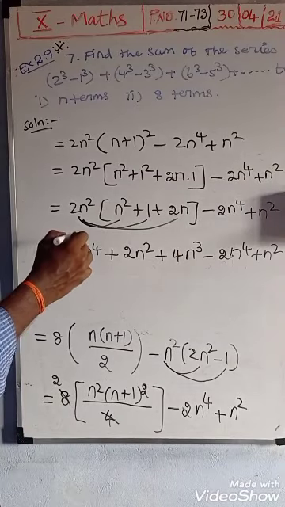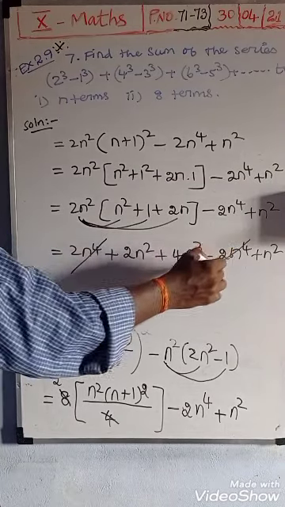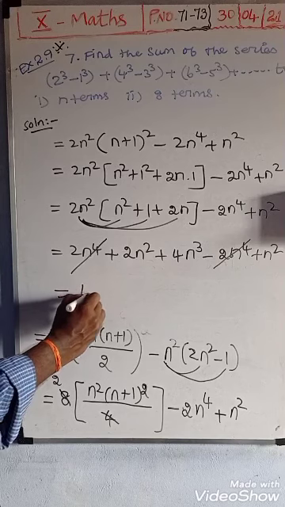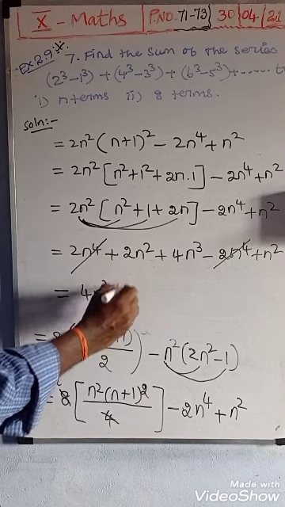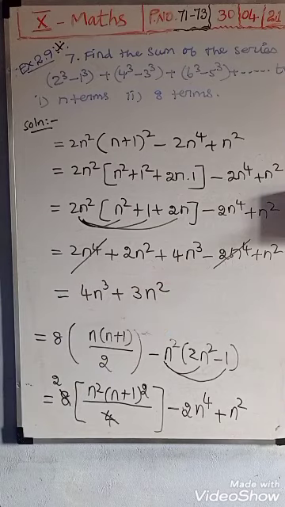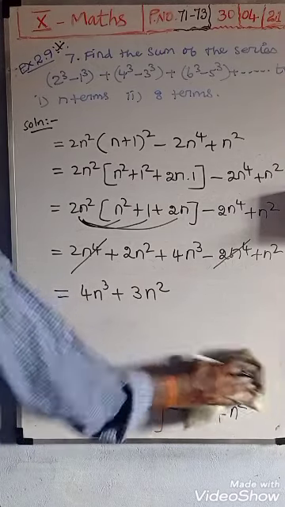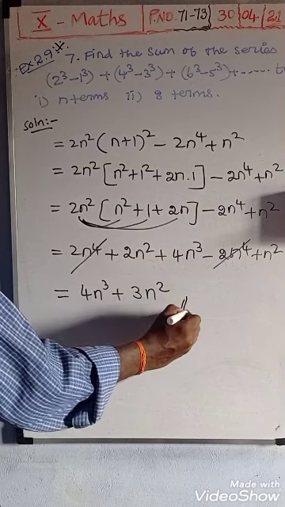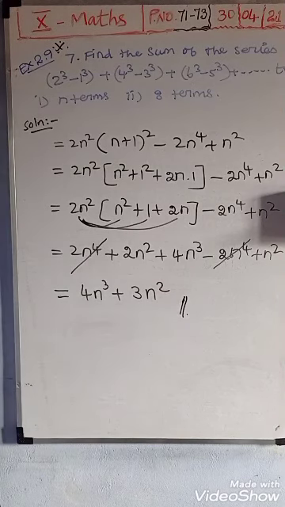Now what will be cancelled? 2n power 4 minus 2n power 4 will get cancelled. First the cube term, so 4n cube plus 2n squared plus 1n squared, that means 3n squared. That's it. Therefore, if you add the given series up to n terms, the answer is 4n cube plus 3n squared.